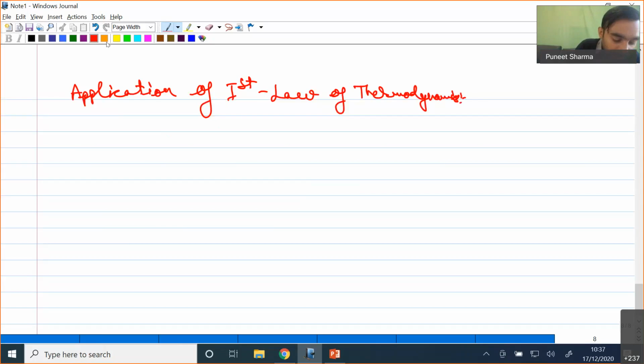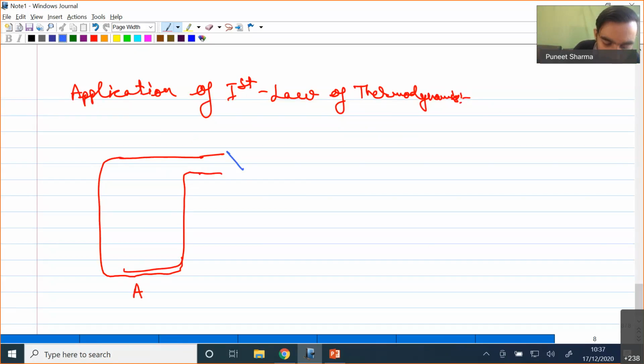I have some container A, and over here I have some valve, and on the other side I have another container B.